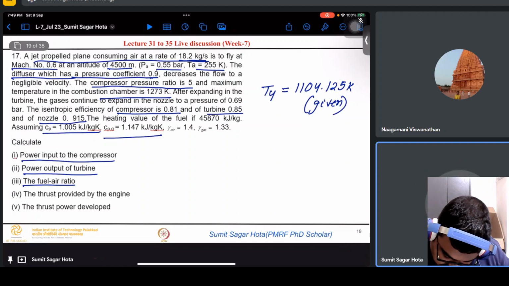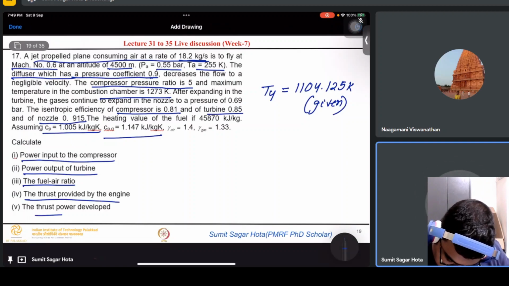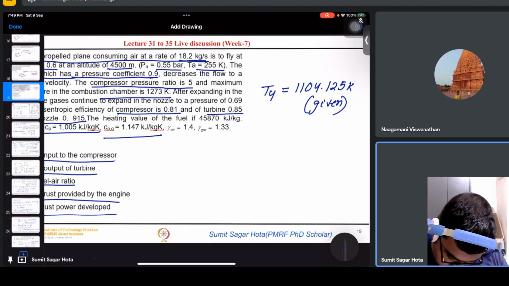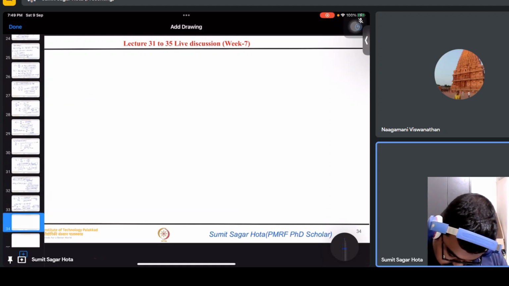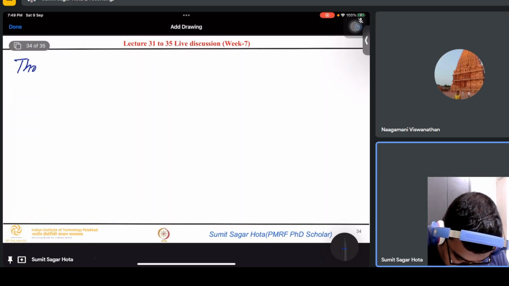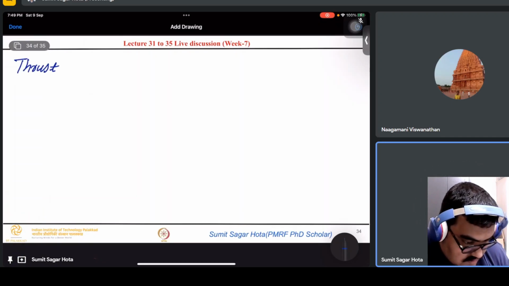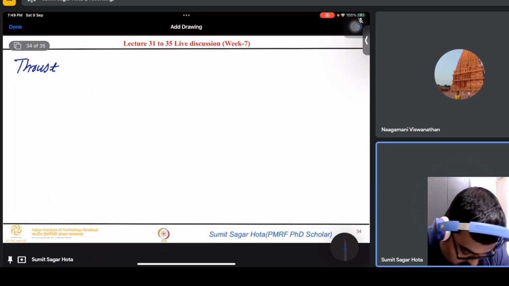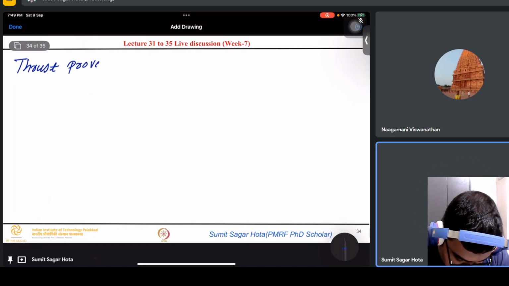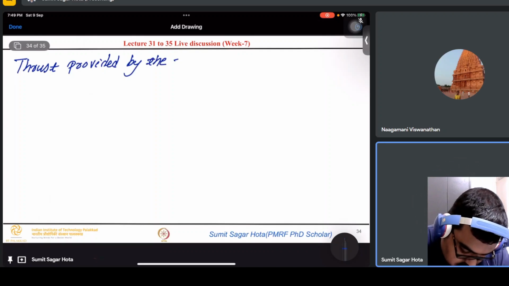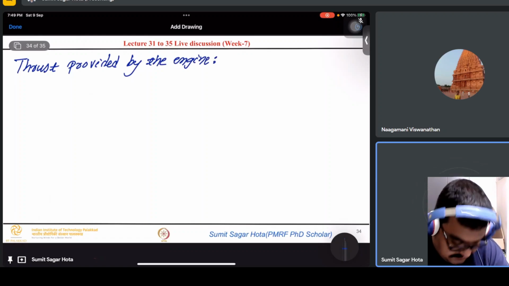Two bits left: thrust provided by the engine and the thrust power developed. These are the things there. So first is the thrust, the thrust provided by the engine. What is the thrust provided by the engine?